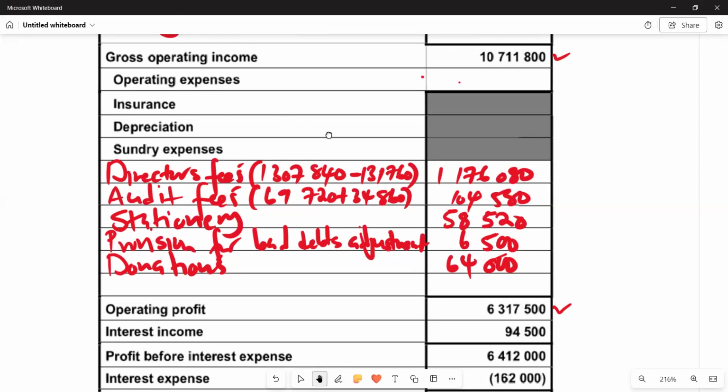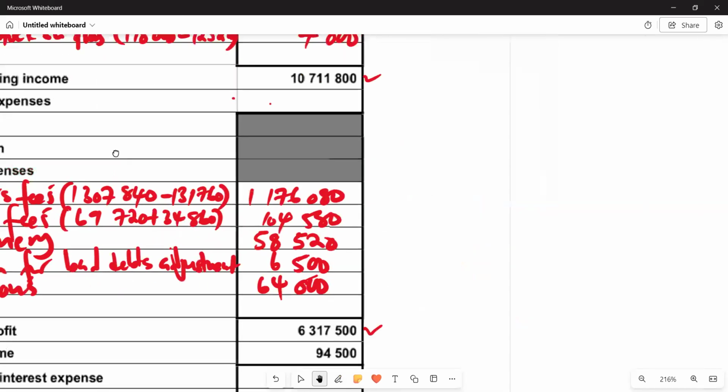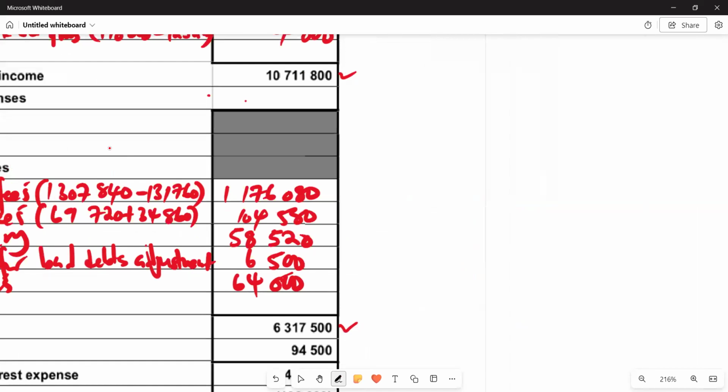You can just form an equation whereby if you take your gross operating income and less your expenses, you will get your operating profit. You say this figure minus this one, you get your operating profit.